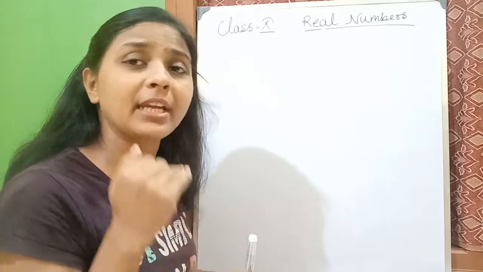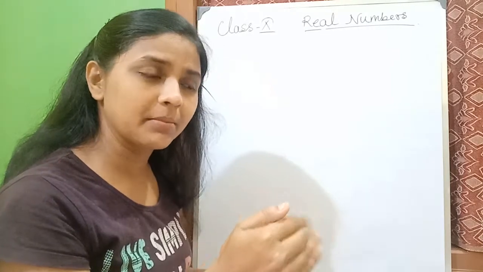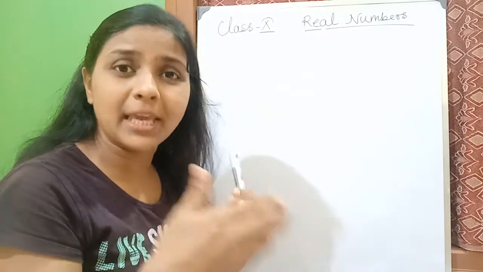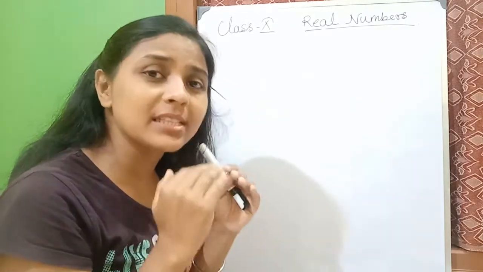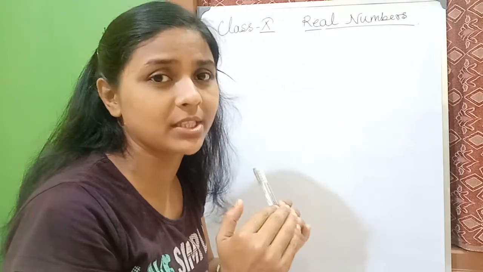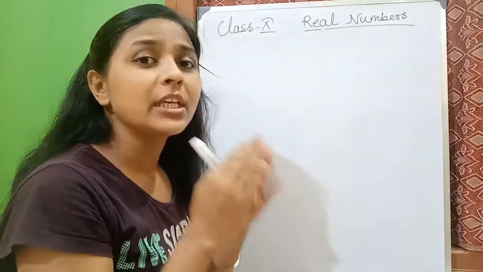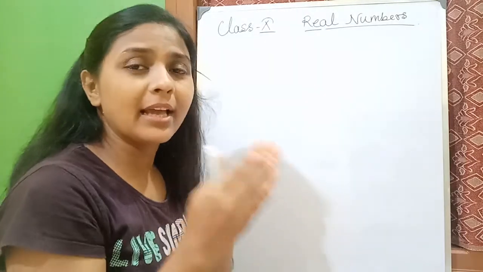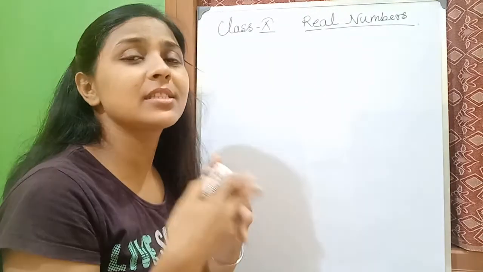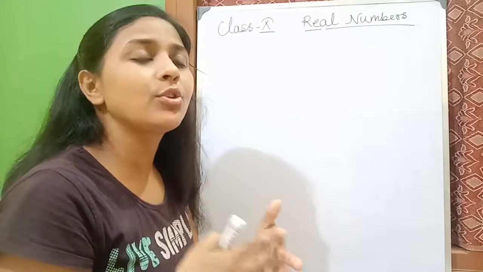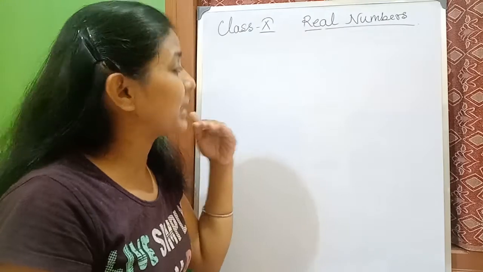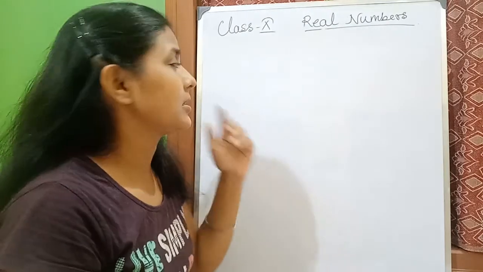Now, to find the HCF by using Euclid's division lemma, all these steps for calculation are called Euclid's division algorithm. Algorithm means steps to find something. So these are mathematical steps.